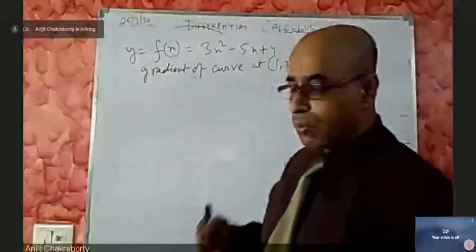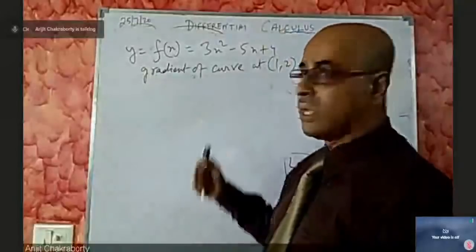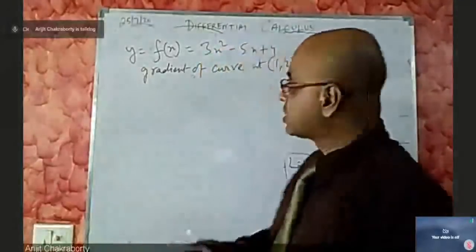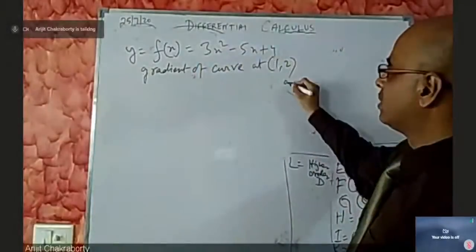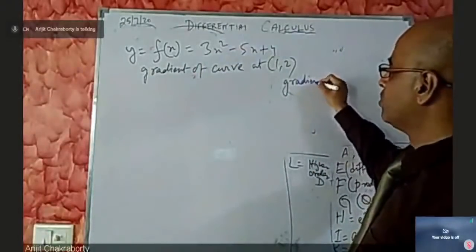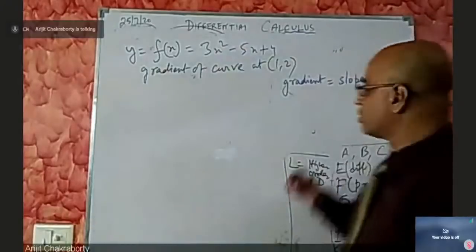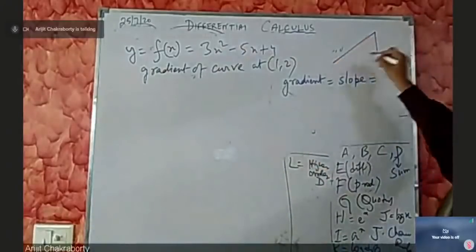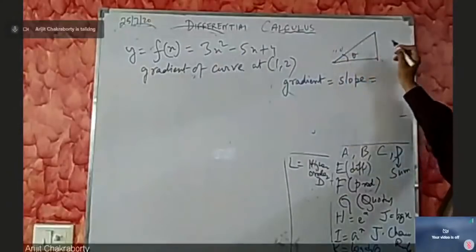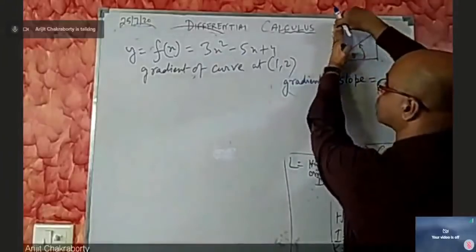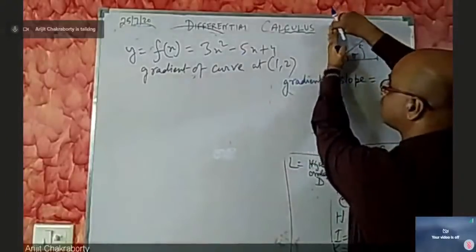Now, we have understood one thing, that the gradient means the slope. Please note, this is a new term for many of you. Gradient means slope. And slope is this. As theta increases, my hand is moving like this, my palm is moving up.